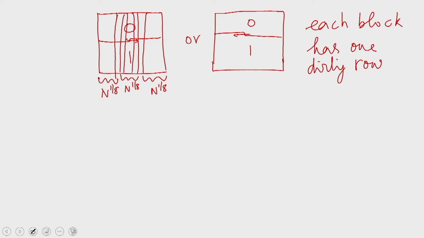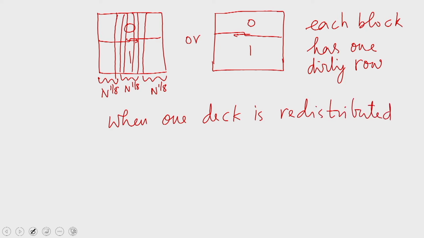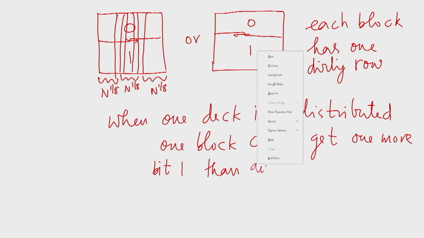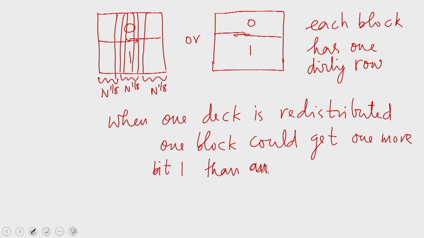So in short, what we can see is that when one deck is redistributed, one block could get one more bit 1 than another block.